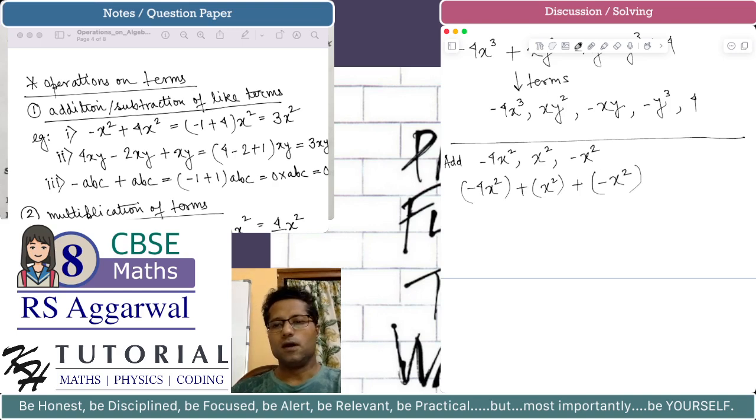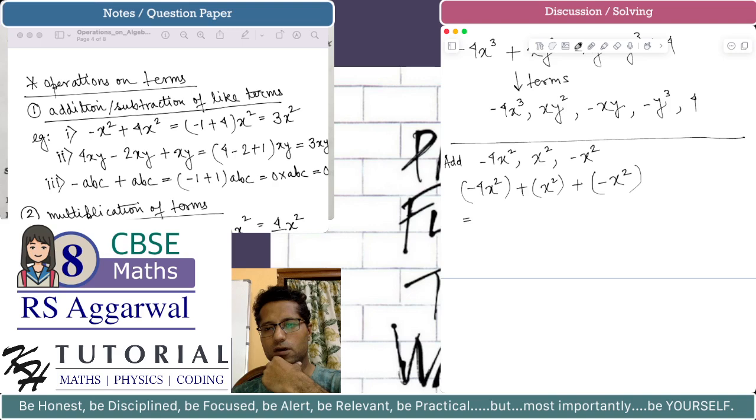Okay. Now the addition of like terms will be the addition of the coefficients of the terms multiplied by the like term. Since these are all like terms, each term will have the same literal factor.